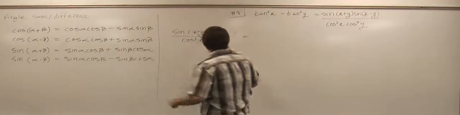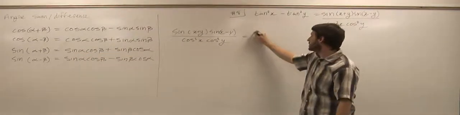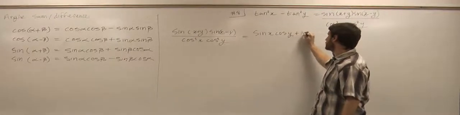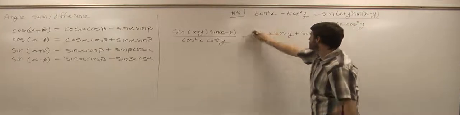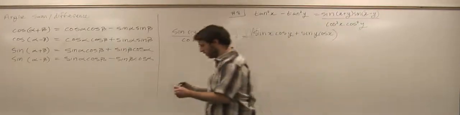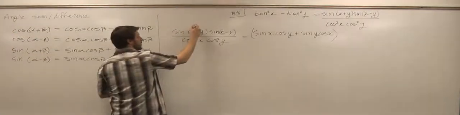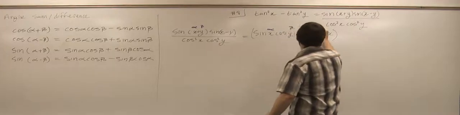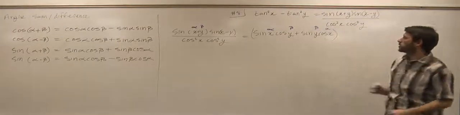So, instead, you apply this formula right here. You do sine x cos y plus sine y cos x. Sine of alpha plus beta: this is alpha, this is beta. So alpha, beta, alpha. So the x and y switch.